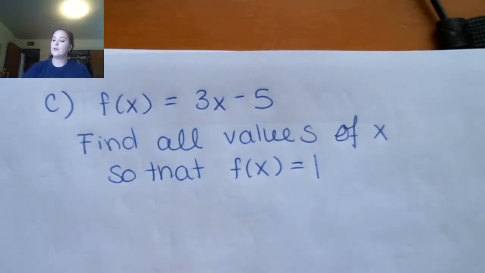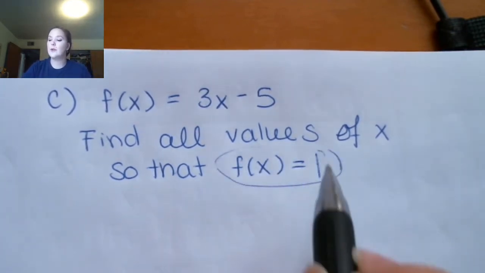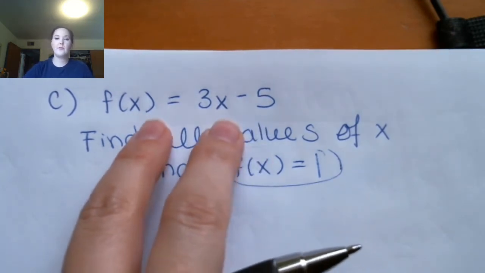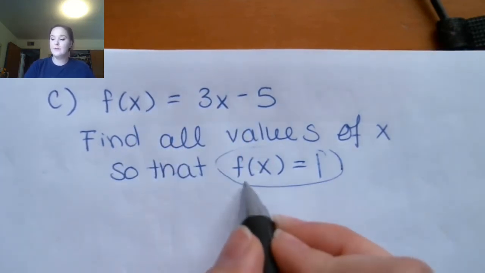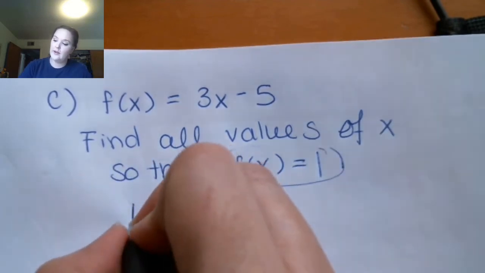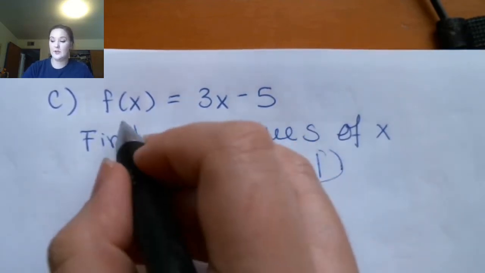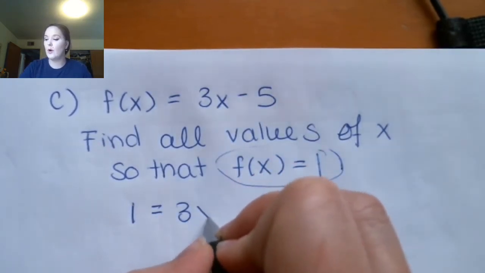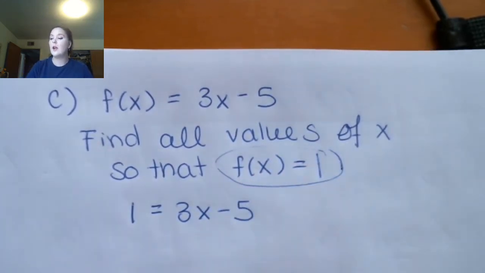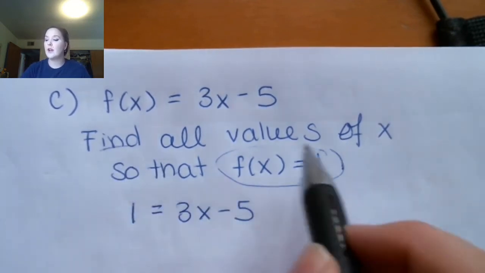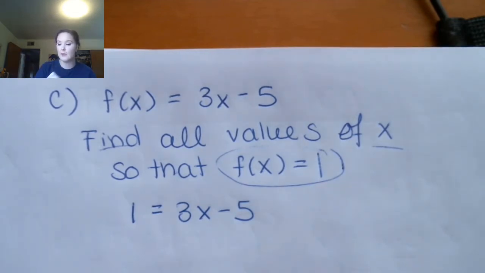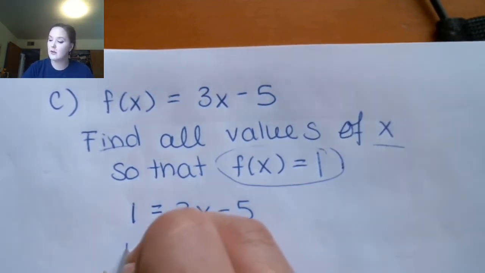Now you can see right here what they're asking you to do. We're going to take our original function and plug in 1 for f of x. So we're replacing the whole expression f of x with the value 1. And then we are finding x. So we know from last time that that means our answer should look like x equals a number. So that's what we're going to do here.